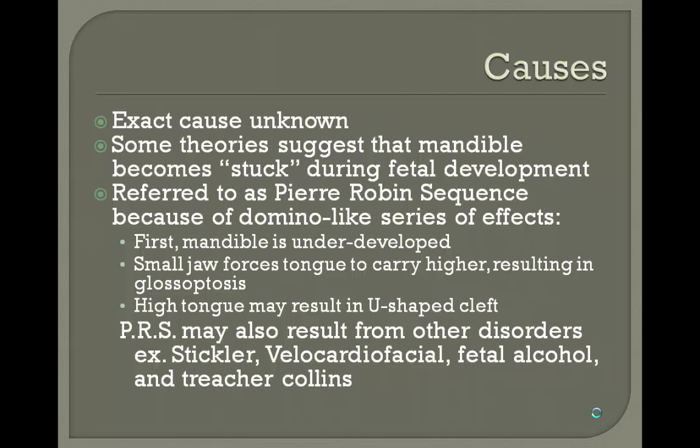Like I said, some theories suggest that it gets stuck and it doesn't grow anymore. That small jaw forces the tongue to be carried a little bit higher in the oral cavity, and that results in glossoptosis, or very highly carried and far back carried tongue. And then that highly carried tongue can result in the U-shaped cleft or the high palate.